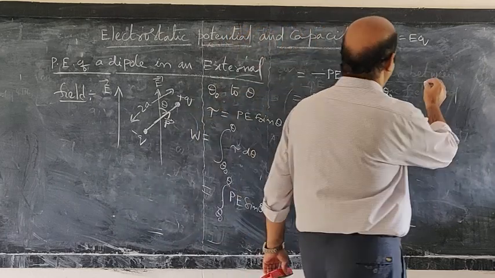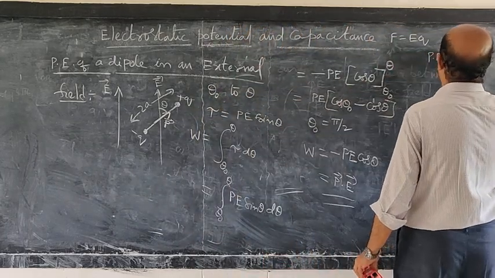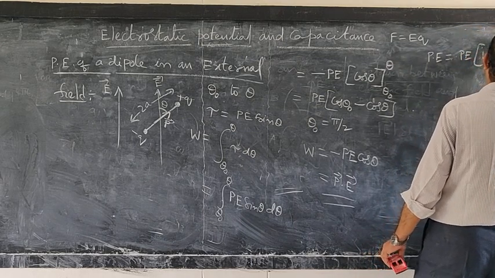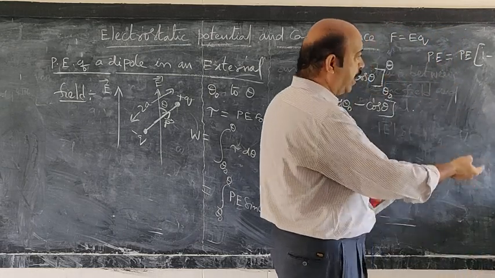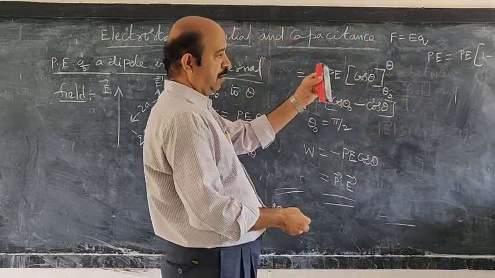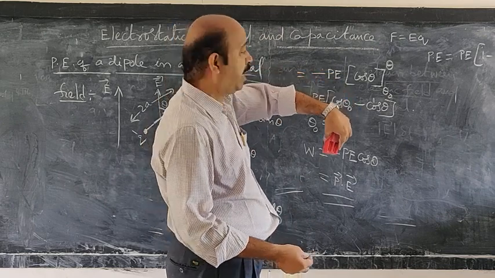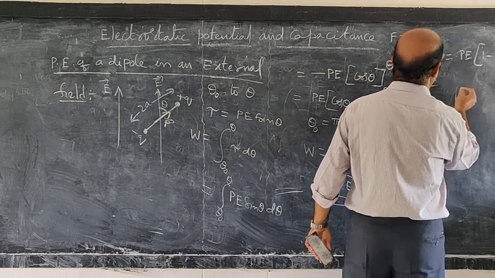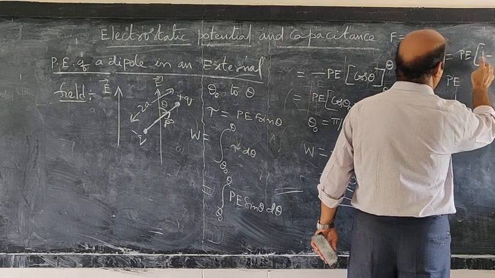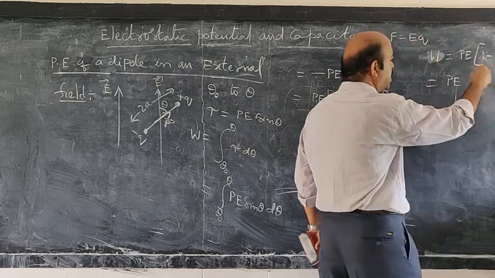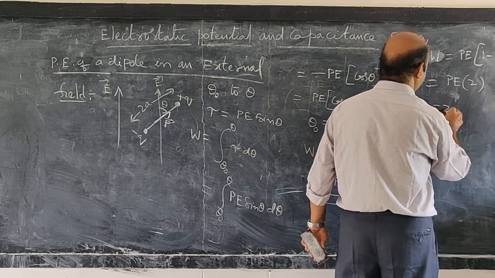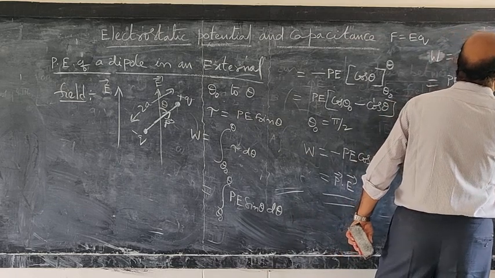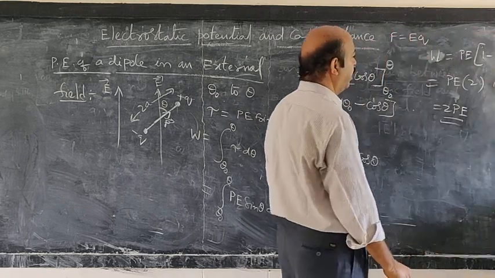In that case, the formula can be written as PE into 1 minus cos theta. And if you rotate the dipole from the direction of the electric field by an angle of 180 degrees, pi radians, the work done is PE into 1 minus minus 1, because cos 180 is minus 1, so we get 2PE. This is the maximum value.